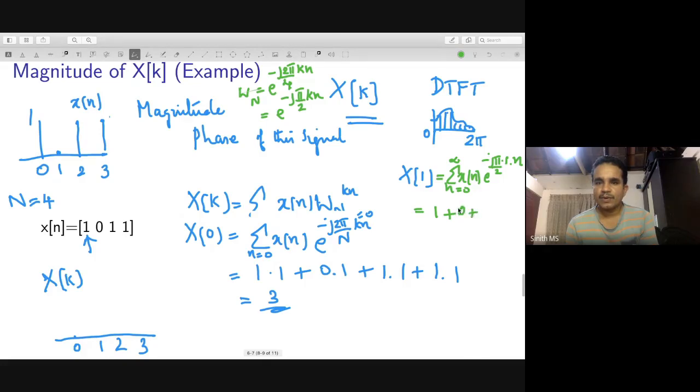And for n equal to 2, you have x[2] equal to 1, so 1 into, when n equal to 1 in the exponent, this becomes e raised to minus j pi by 2.